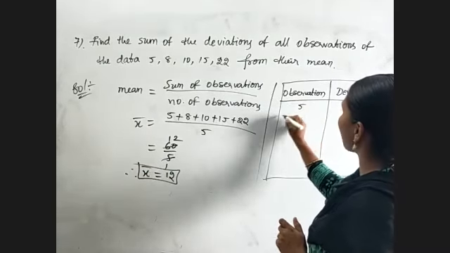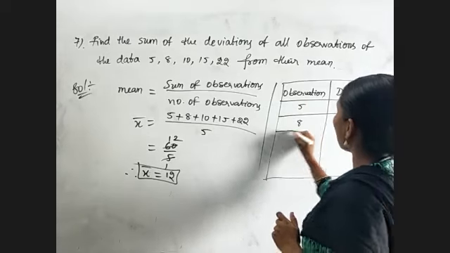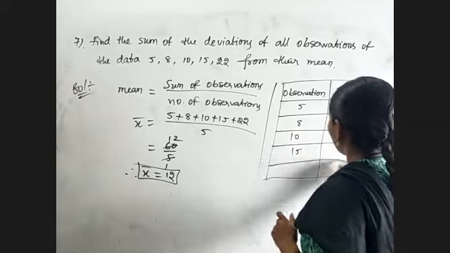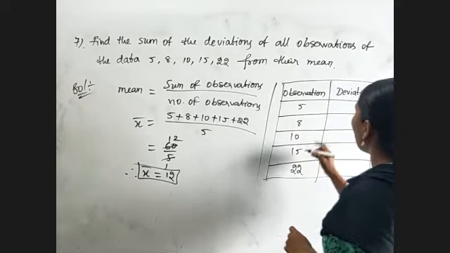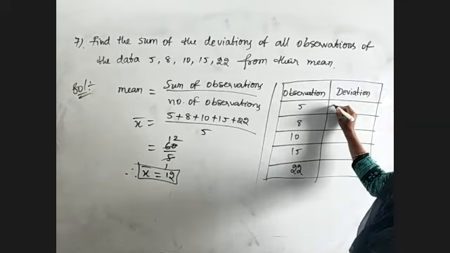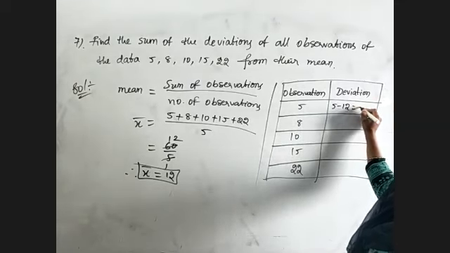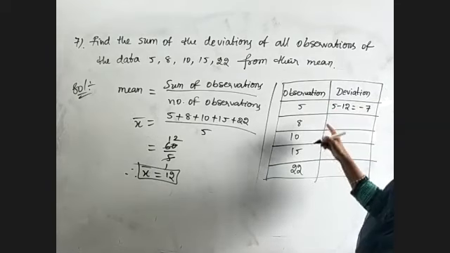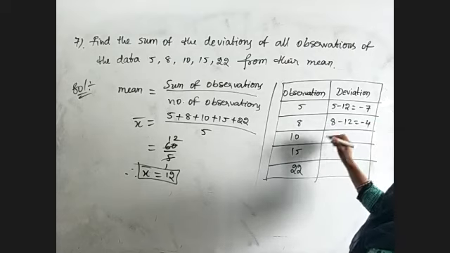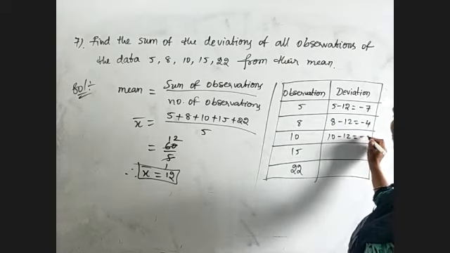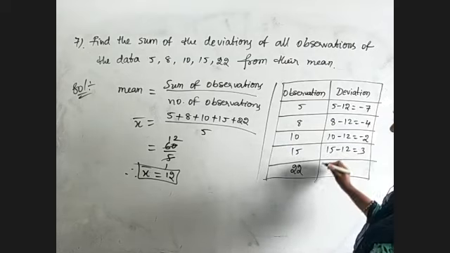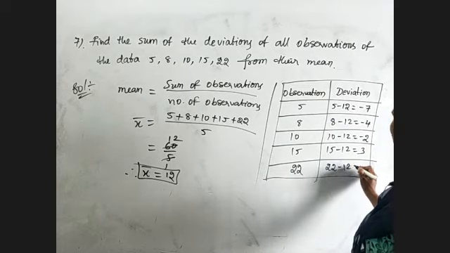The first observation is 5 and the next observations are 8, 10, 15, 22. And the mean of the observations is 12. So 5 minus 12 is the deviation, which is nothing but minus 7. And 8 minus 12 equals minus 4. 10 minus 12 equals minus 2. 15 minus 12 equals plus 3. 22 minus 12 is equal to plus 10.